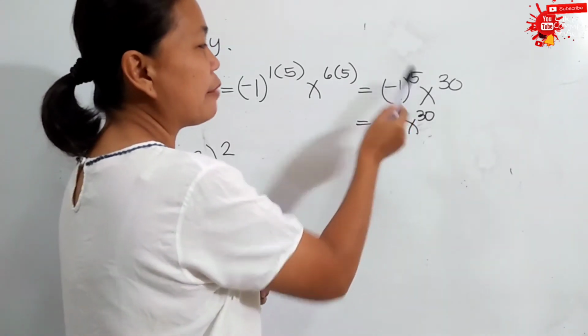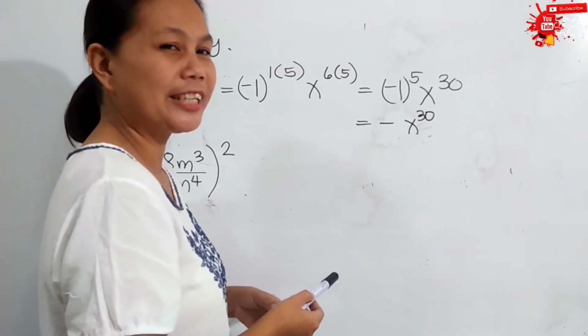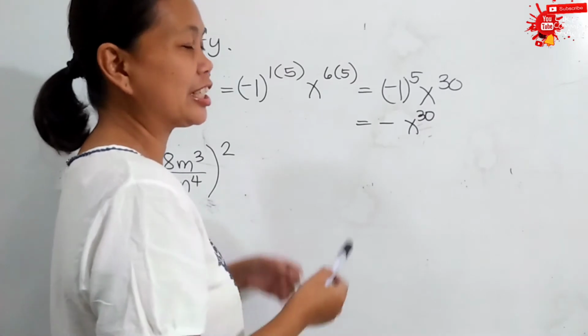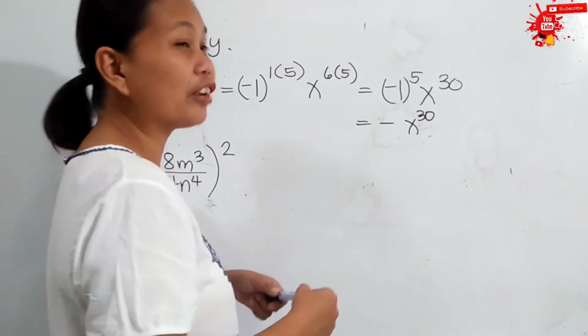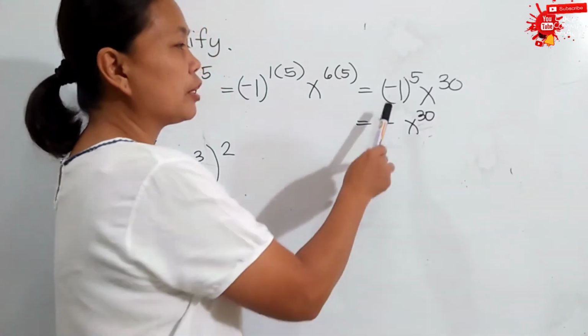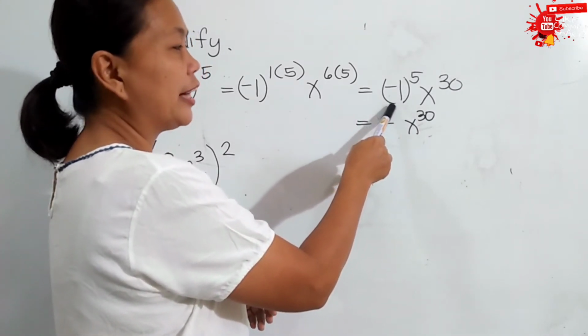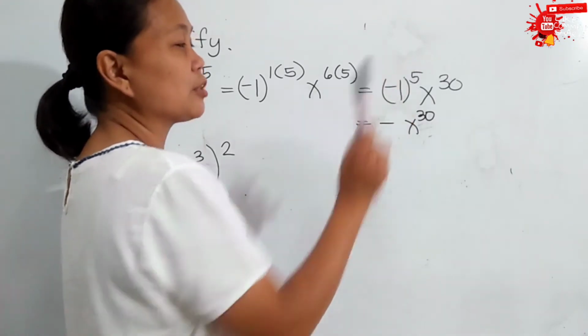But if it is an even number, the product results in a positive product. So it's just a quick method on how to get the sign of the product if we're going to simplify a particular number with a negative sign with the corresponding odd or even exponent.